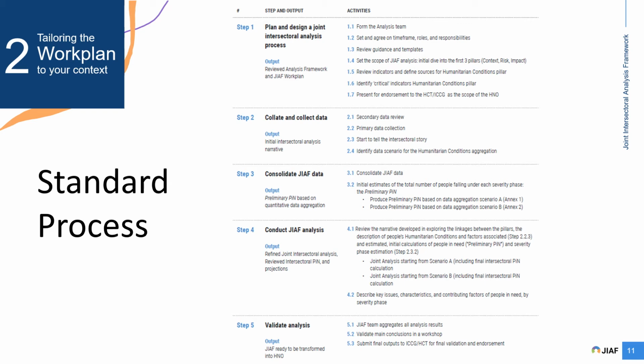And then the process concludes with validating the analysis. This is where the findings of the JIAF are ready to be transformed, and in most cases will be informing the H&O.